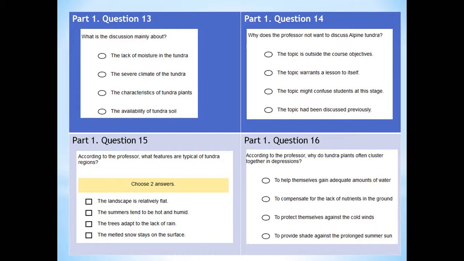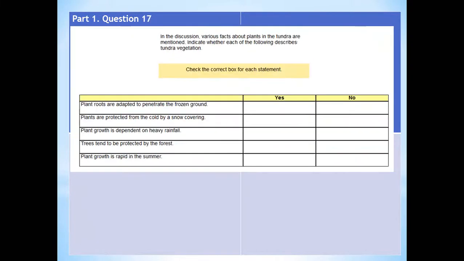According to the professor, why do tundra plants often cluster together in depressions? In the discussion, various facts about plants in the tundra are mentioned. Indicate whether each of the following describes tundra vegetation.